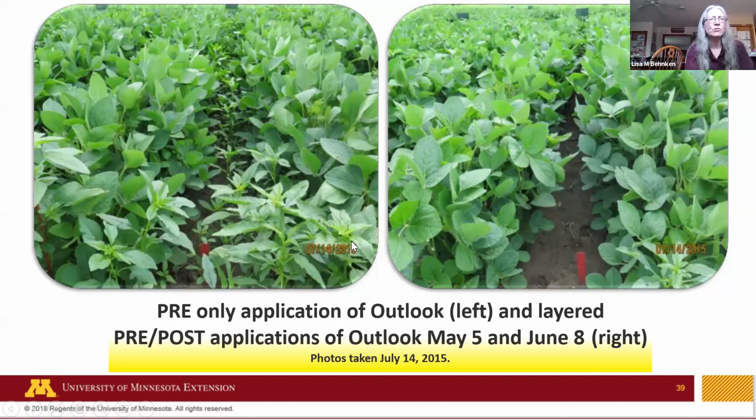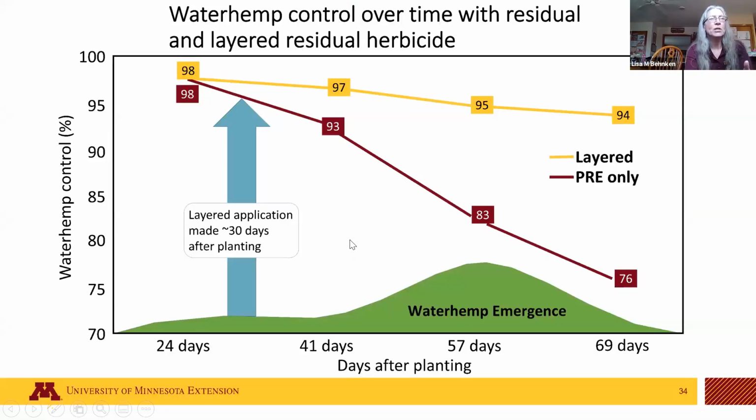And from those trials that we did, putting it together, whether you had Outlook, Zidua, Dual, or Warrant, basically we had 25+% better control when we layered those group 15s versus just a single application as a pre-emergence. So we're gaining a great increase in our control by using the layering concept.